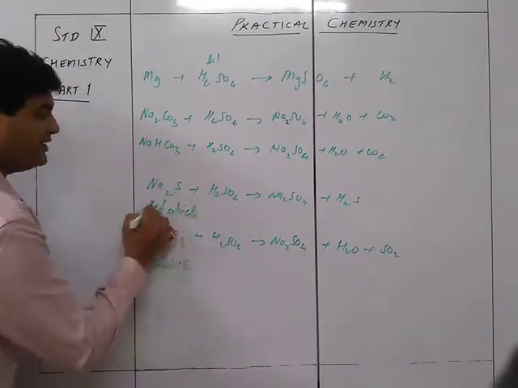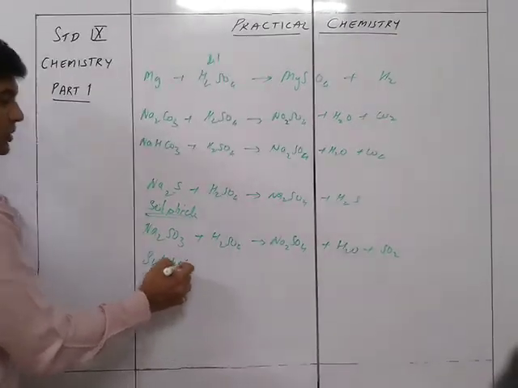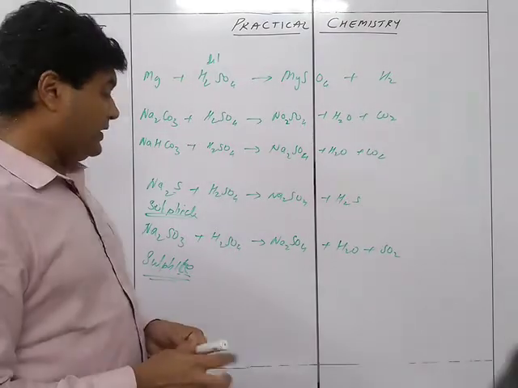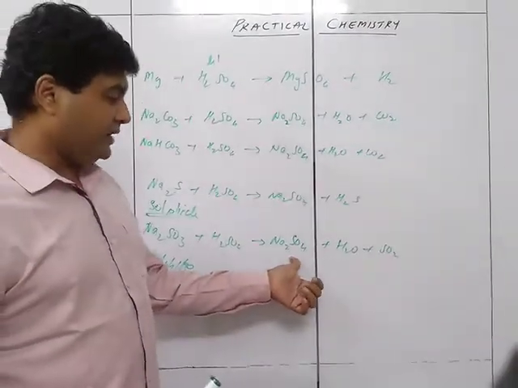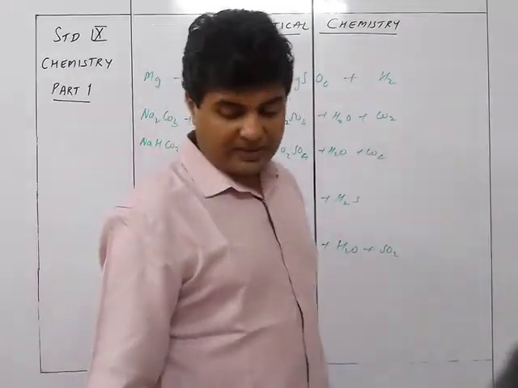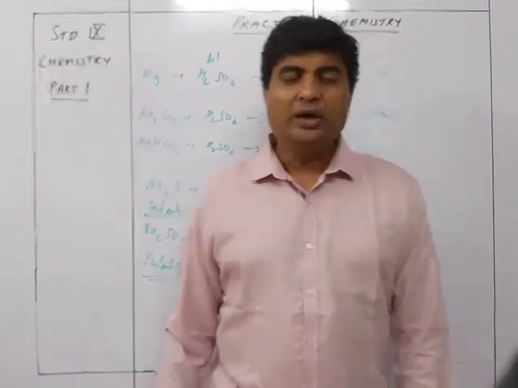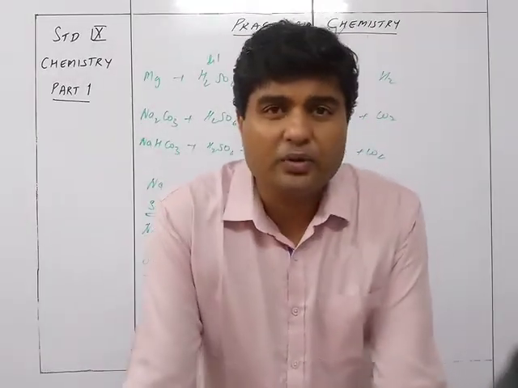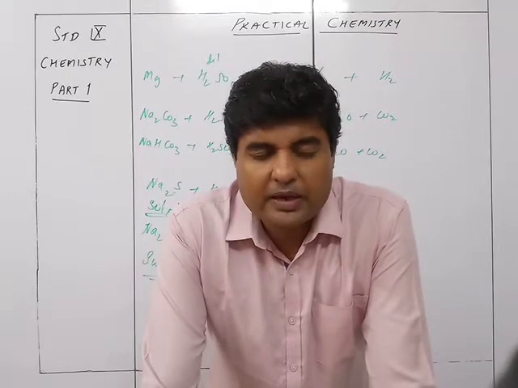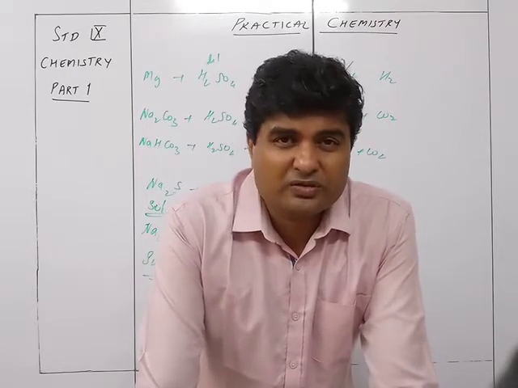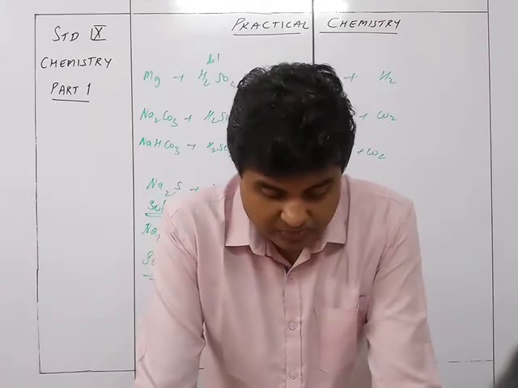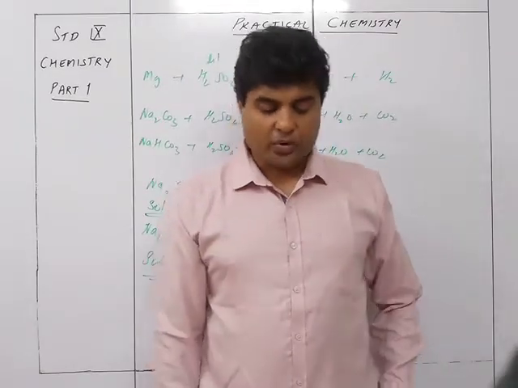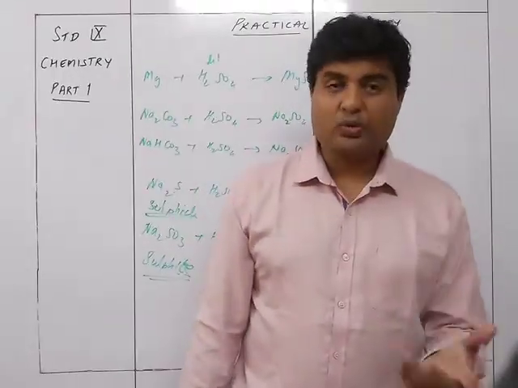That's the difference, IDE, ITE. So in the case of sulfite, it gives a salt plus water plus sulfur dioxide. And sulfur dioxide, we know, turns lime water milky, and in KMnO4 solution and K2Cr2O7 solution it changes the color from orange to green and from pink to clear.